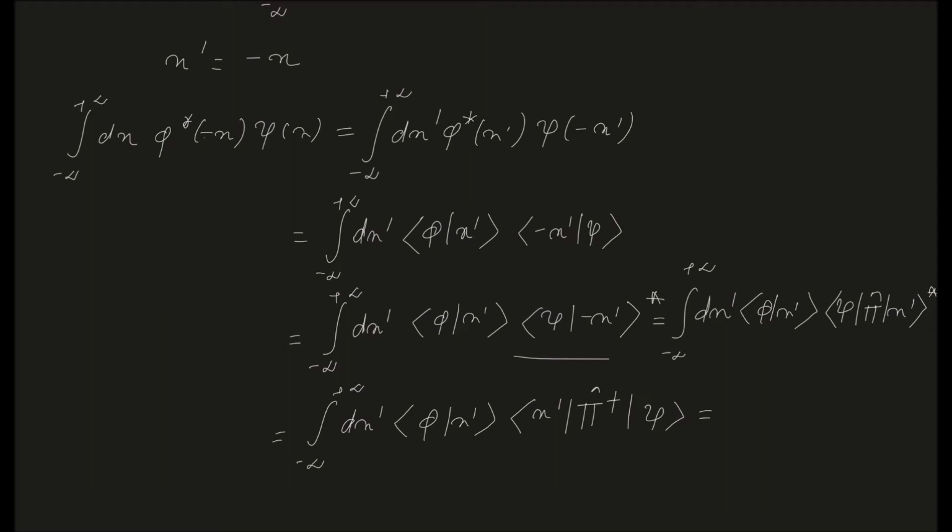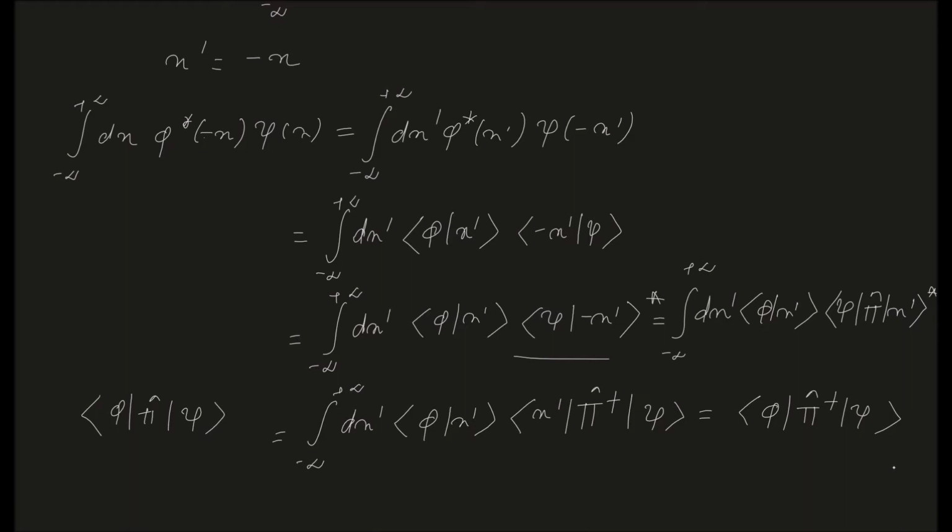So it gives you ⟨φ|π†|ψ⟩. What was on the left side? Basically it was ⟨φ|π|ψ⟩. So this was our starting point.